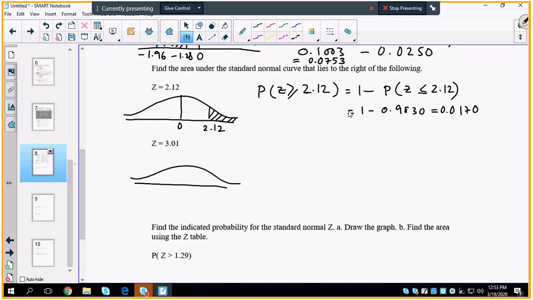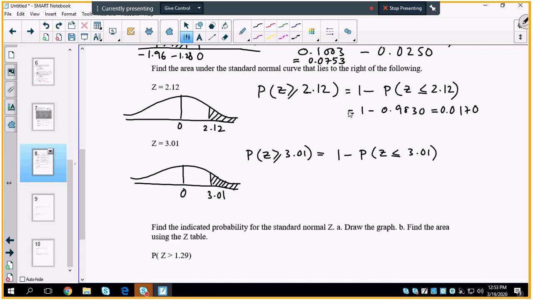Now I want the area to the right of 3.01. So mean is 0, 3.01, the same process, you go to the row 3.0 and the column 0, 1. So first I write, I want the area to the right of 3.01, and I kept saying area and probability interchangeably because they mean the same thing. This is 1 minus probability Z is less equal to 3.01.